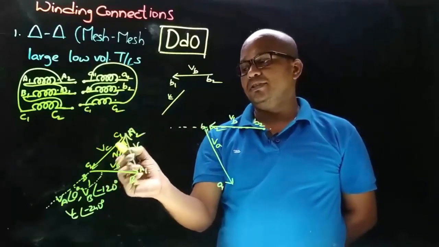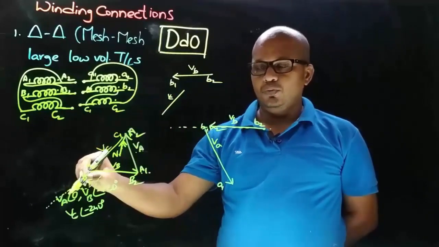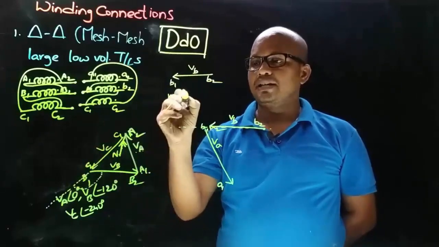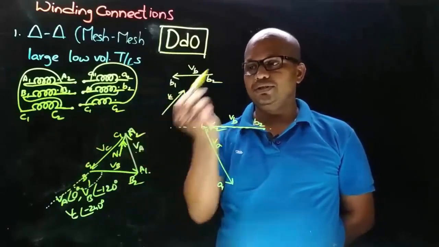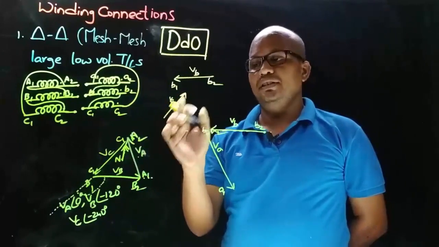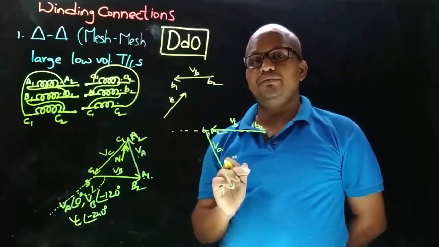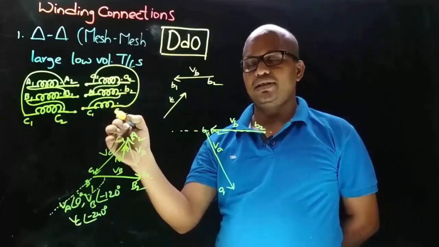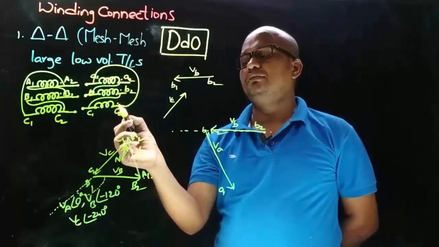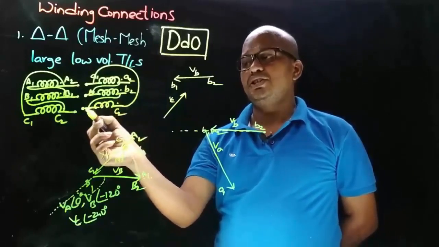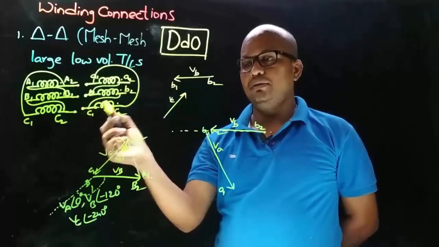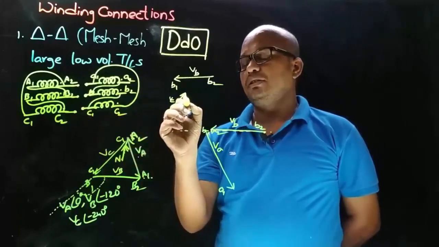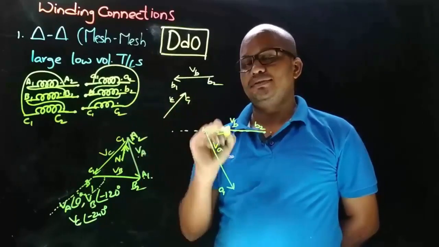So primary side VC phasor is pointing towards this direction, means secondary side VC phasor will be pointing towards this direction. And now let's decide the terminals of secondary side VC phasor. As here on secondary side the connection is took from non-dot end, means the arrow will point towards C1.